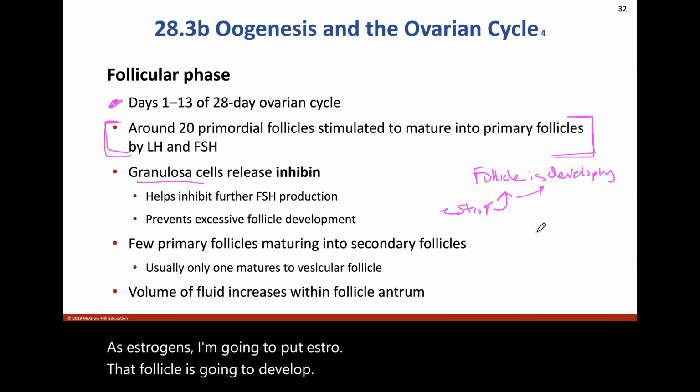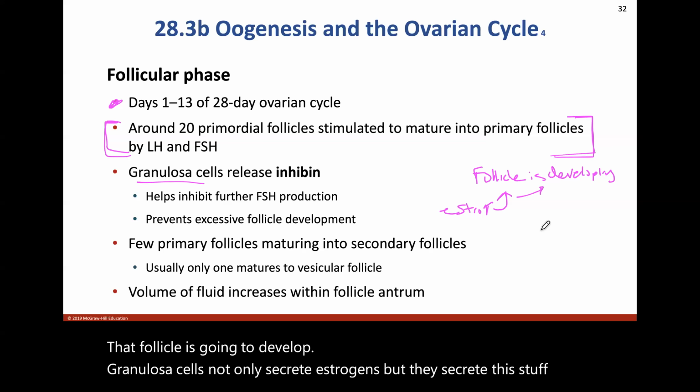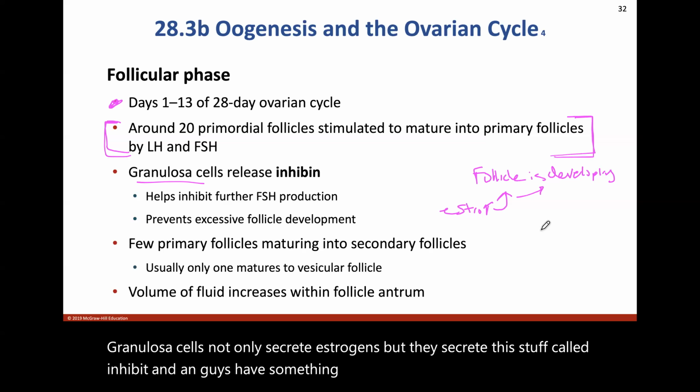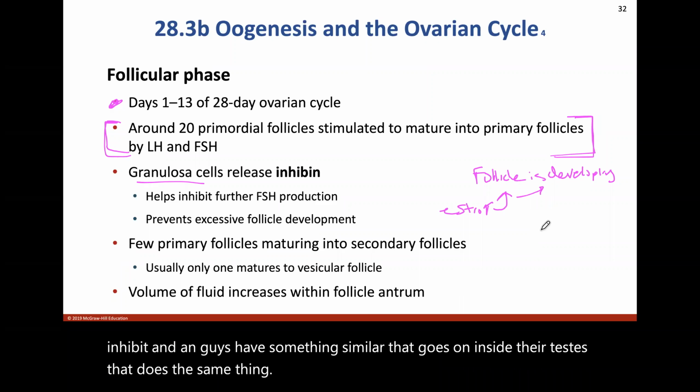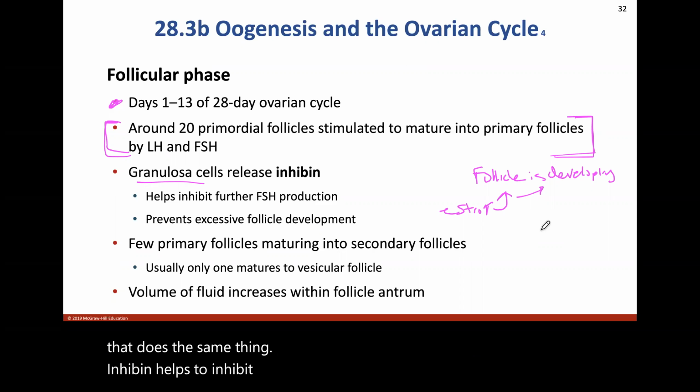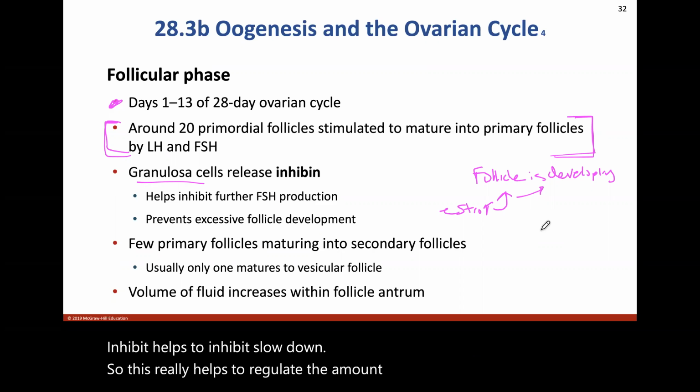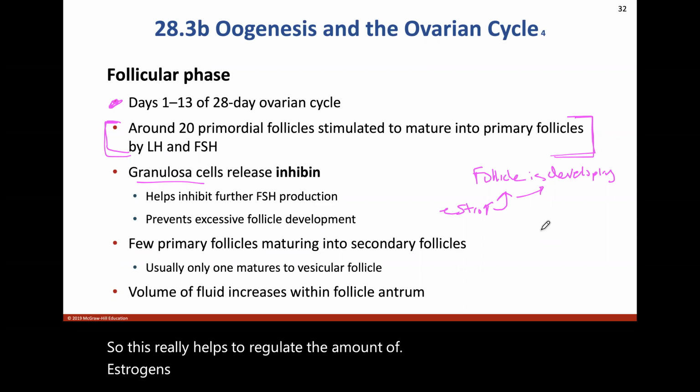Granulosa cells not only secrete estrogens, but they secrete this stuff called inhibin. And guys have something similar that goes on inside their testes that does the same thing. Inhibin helps to slow down, so this really helps to regulate the amount of estrogens that get produced.